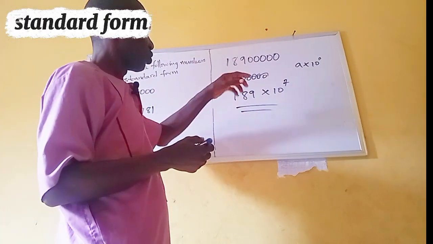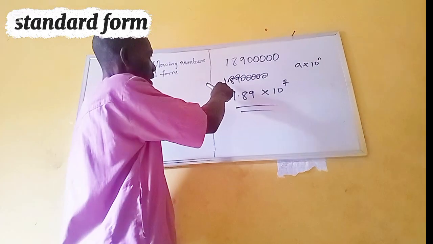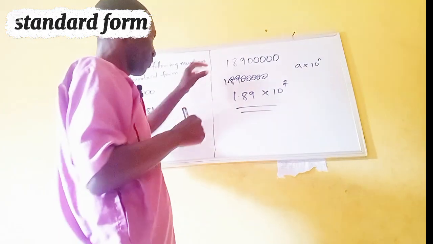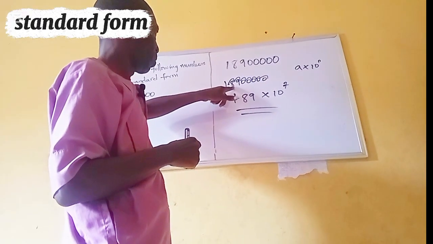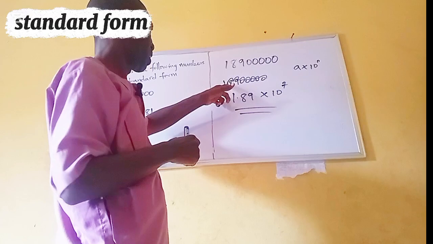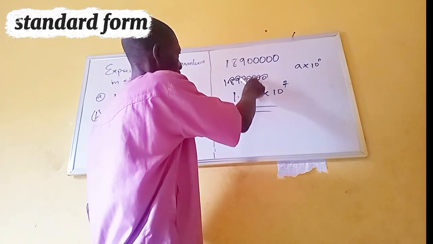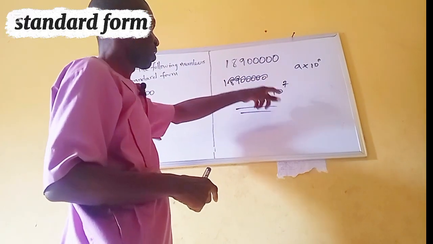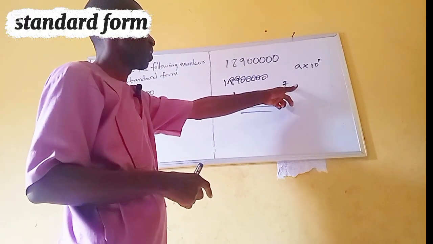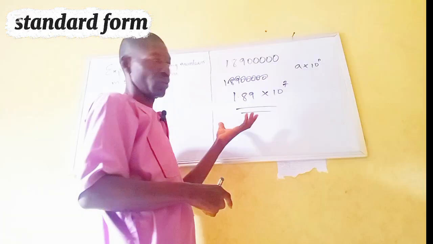To get where you put your decimal point, it has to be in between the first significant figure and the second significant figure, which is here. Then you count 1, 2, 3, 4, 5, 6, 7, so it has moved 7 places. That is why we have this, and this is our final answer. Hope you grab this.